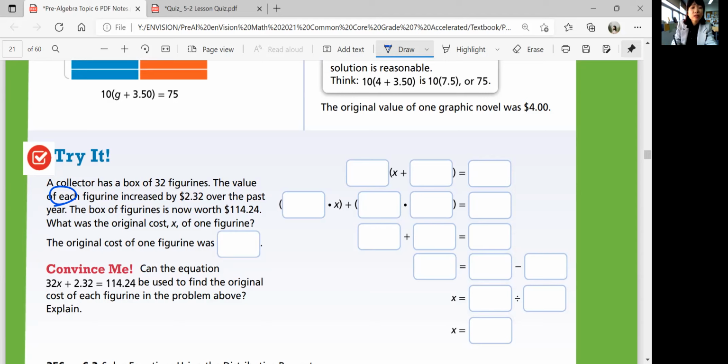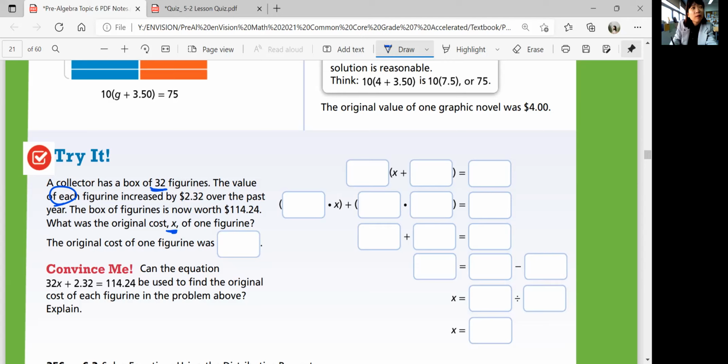Okay, in order to answer this question, you need to set up an equation that represents this situation. So he has overall 32 figurines, and each one increased $2.32 per figurine, and X is the cost for each one.